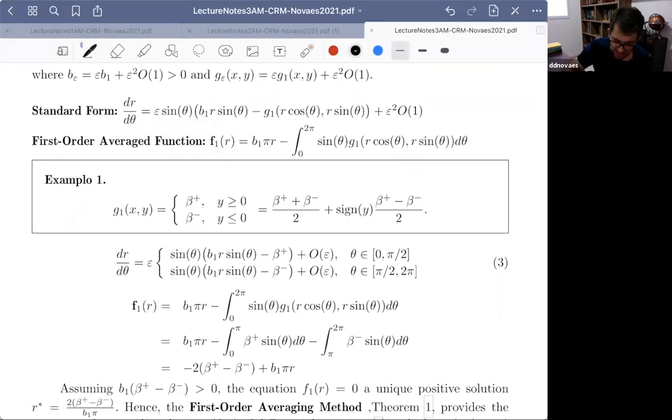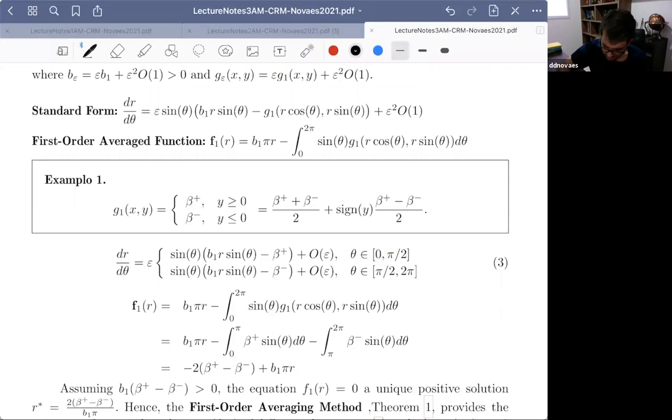Note that in this case the discontinuity manifold happens only at certain times. Okay, this is the standard form. The discontinuity is at 0, pi over 2, and 2 pi.